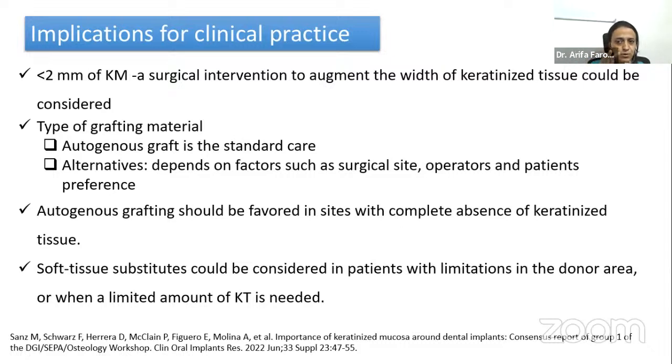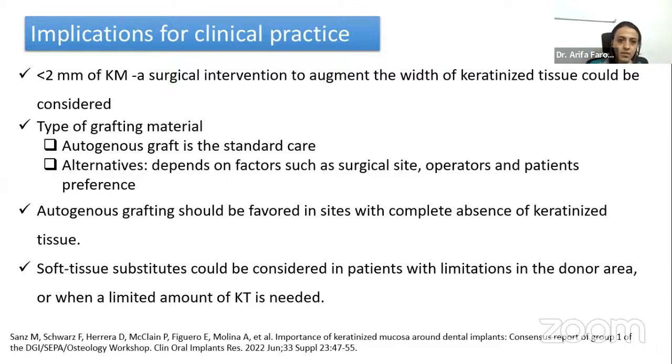If there is some amount of keratinized tissue, and then you put a xenogenic collagen matrix or the soft tissue substitute, that would be a good choice. Otherwise, one should always think of going for autogenous grafting. Autogenous grafting should be favored in sites with complete absence of keratinized tissue, and soft tissue substitutes could be considered in patients with limitations in the donor area or when a limited amount of keratinized tissue is needed.